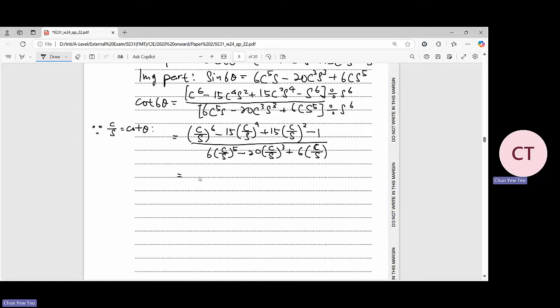Then you can write this as cotangent power 6 theta minus 15 of cotangent power 4 theta plus 15 of cotangent square theta minus 1, divided by 6 of cotangent power 5 theta minus 20 of cotangent power 3 theta plus 6 cotangent theta. So therefore, shown.